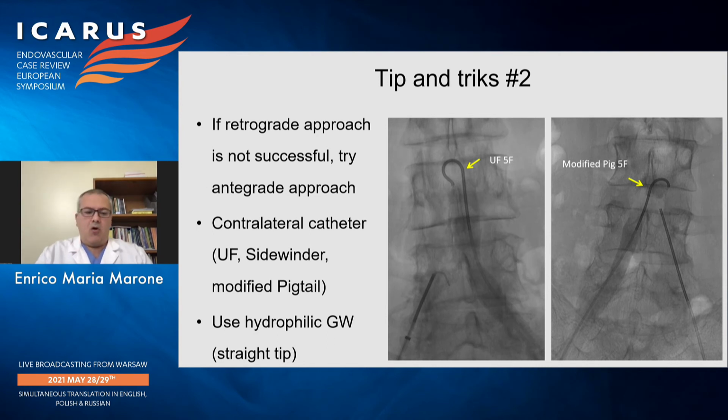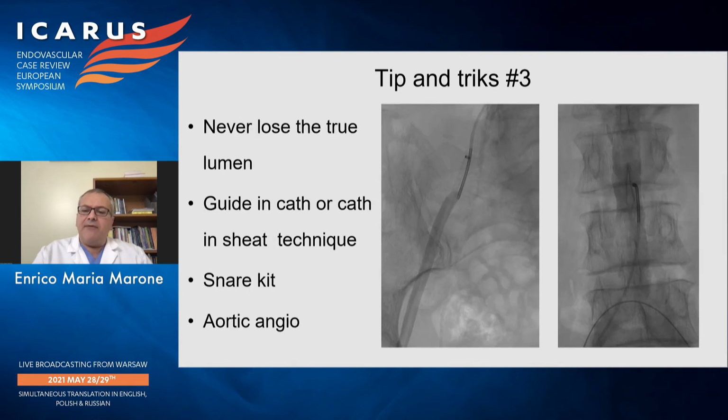In this case, when I use the modified pigtail, I can use a more supportive 035 Terumo guide wire with the straight tip, and with these tricks we can recanalize even calcified arteries.